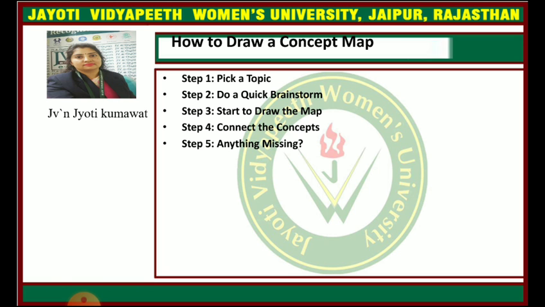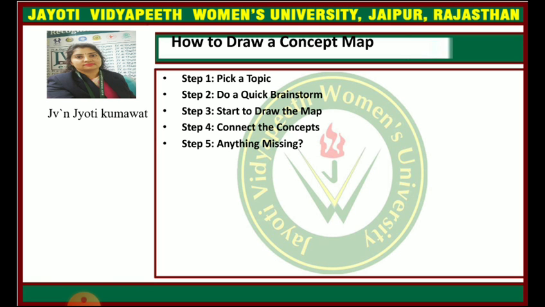Third step, start to draw the map. For this, it's recommended to start a concept map from the top and develop it downward, although you can put your topic at the center and expand it outward. Next, connect the concepts. After we have brainstormed, connect them to the central topic and to each other.